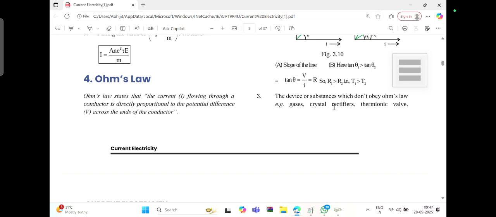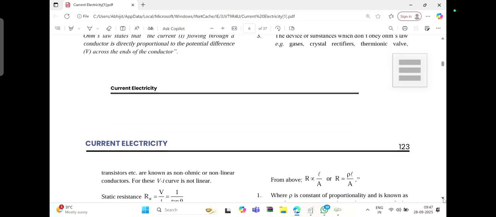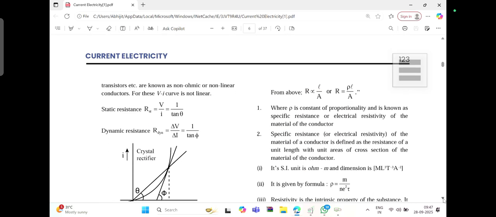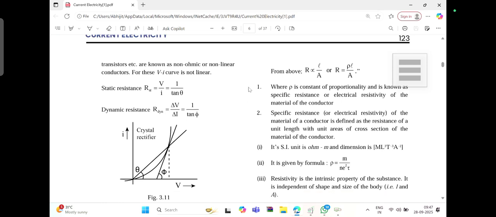Gases, crystal rectifiers, thermionic valves, transistors, etc., are known as non-ohmic or non-linear conductors. These are conductors which do not obey Ohm's law, and for them the VI curve is not linear.